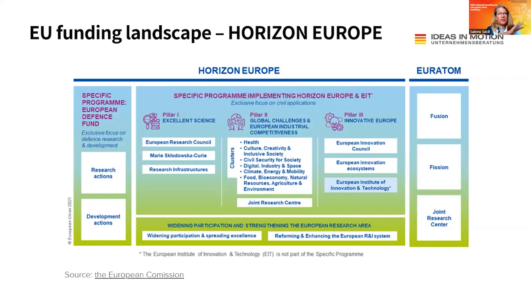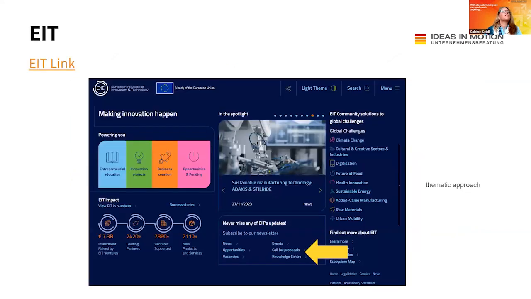I do not want to spend a lot of time on it, but when you look at this graphic at pillar 2 in the middle, you have the typical sectors where hundreds of calls are issued. And in pillar 3, marked in light blue here, you have the European Institute of Innovation and Technology, where EIT Manufacturing is also placed, where some very nice calls are issued.